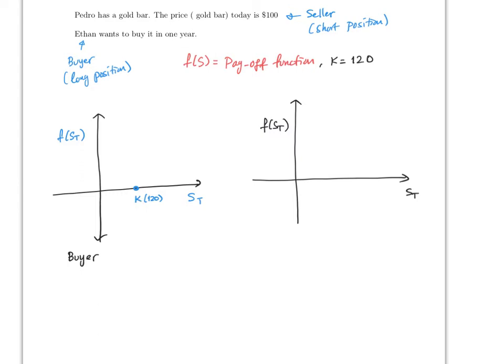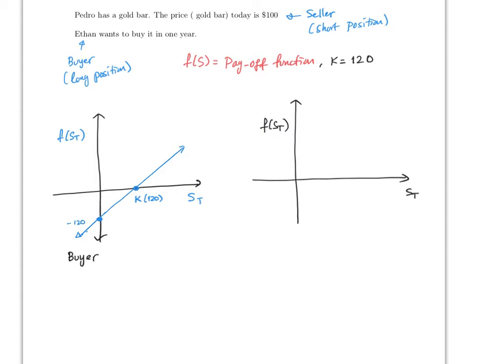Well, Ethan agreed to buy for 120, so he will make $0. Now, in the unlikely scenario that in 1 year the value of gold is $0, then Ethan will lose $120, because he already agreed he will buy for 120 in 1 year. So therefore the payoff function will look like this.